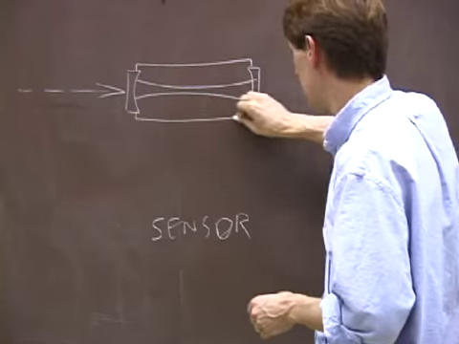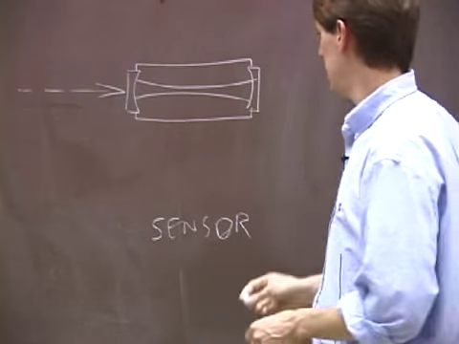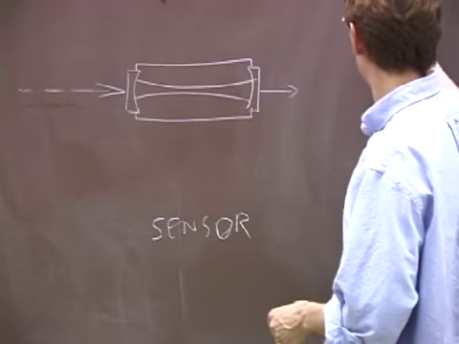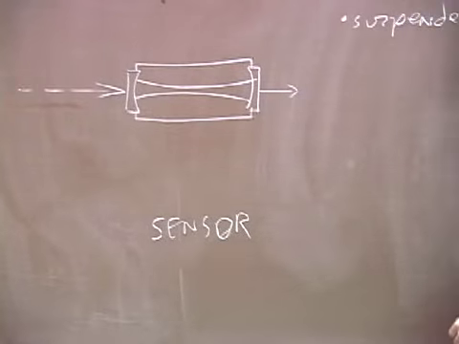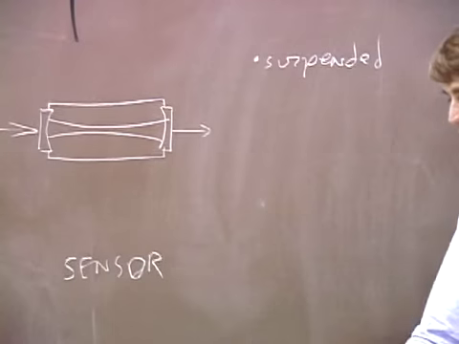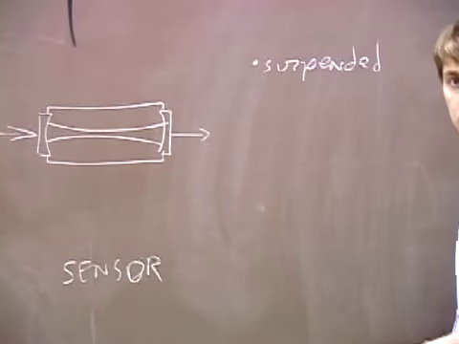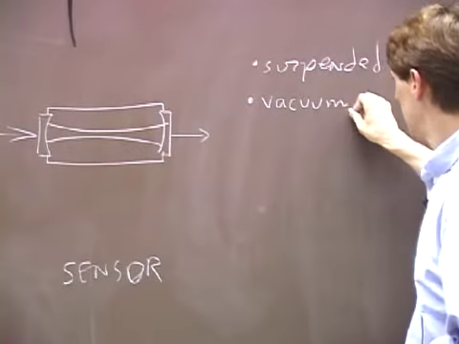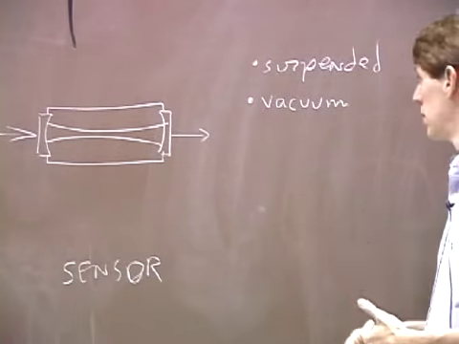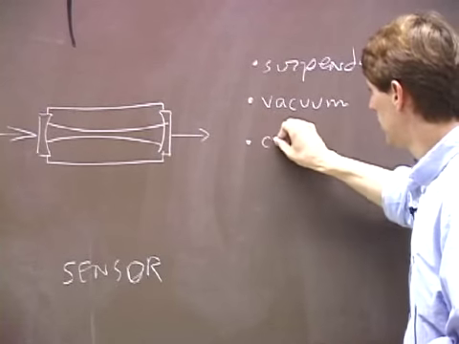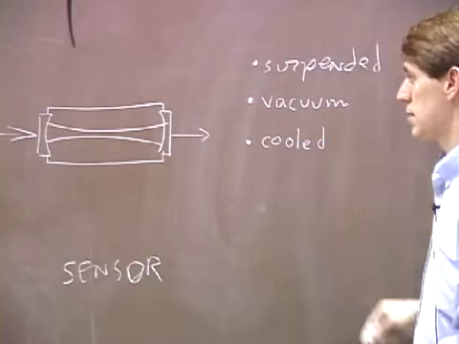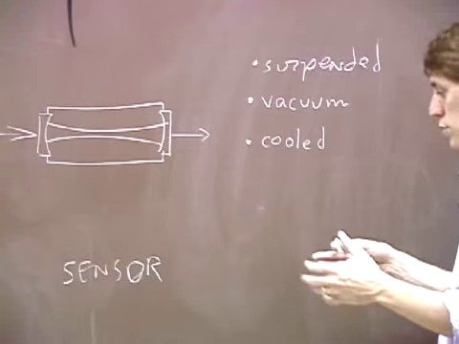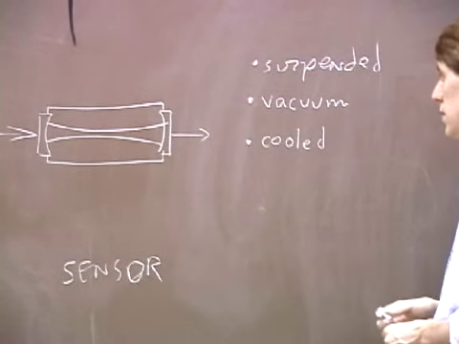This thing can have a fixed length spacer, it can have nothing in between the mirrors, it might be suspended from wires to keep people walking around on the ground outside from exciting it. It might be under a vacuum to get rid of acoustic excitations. It might even be cooled. People have taken these things and cooled them down to 4 Kelvin or 2 Kelvin and reduced the thermal noise in the cavity itself.